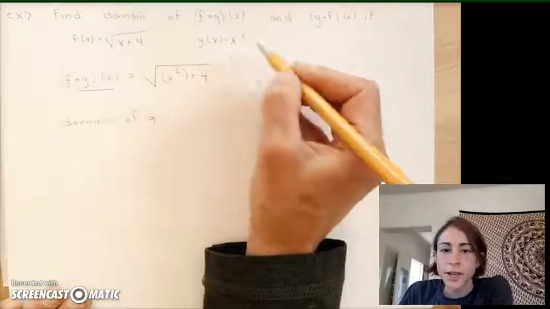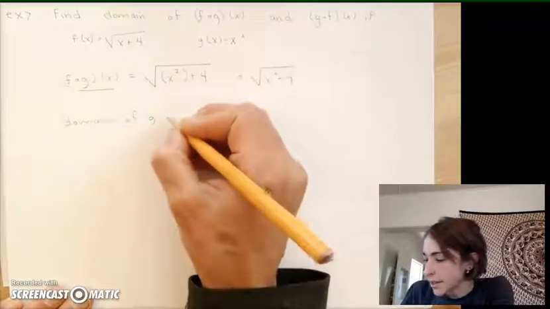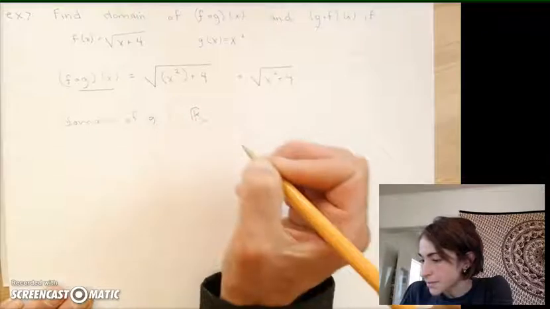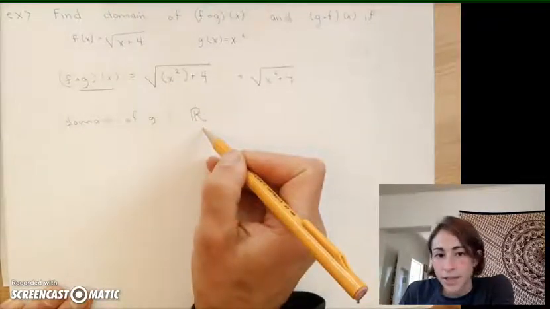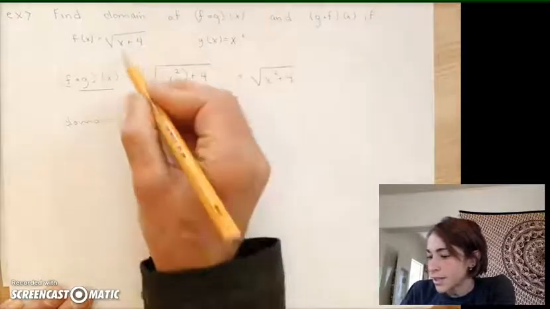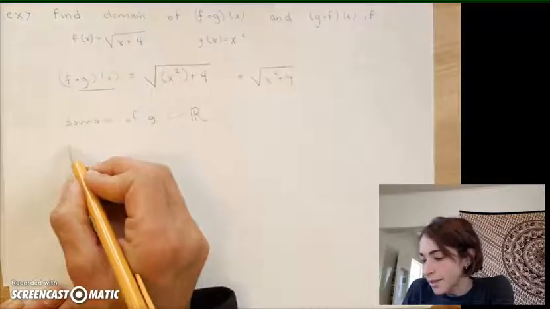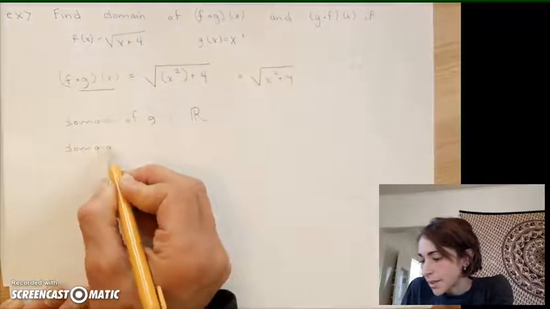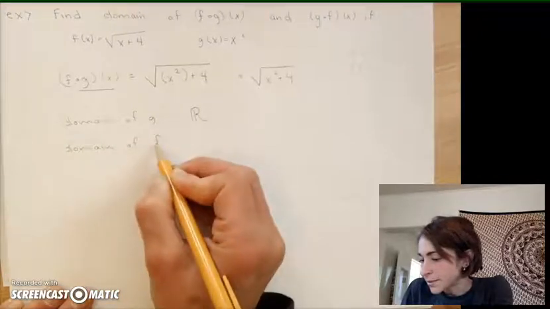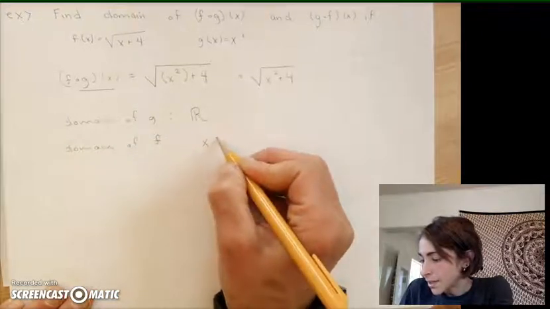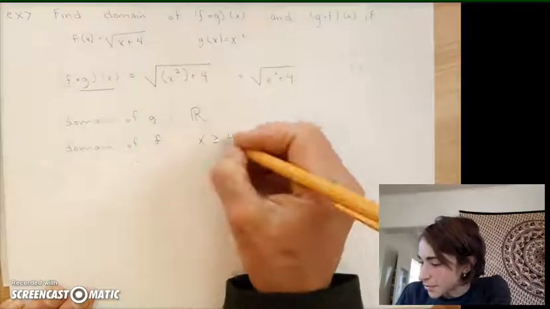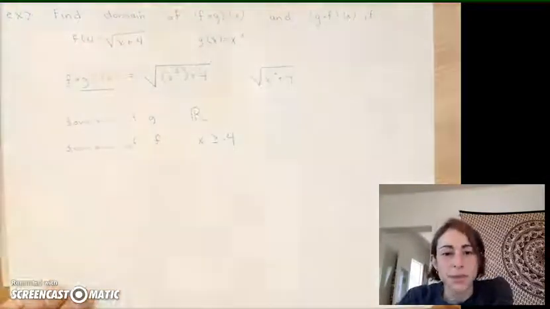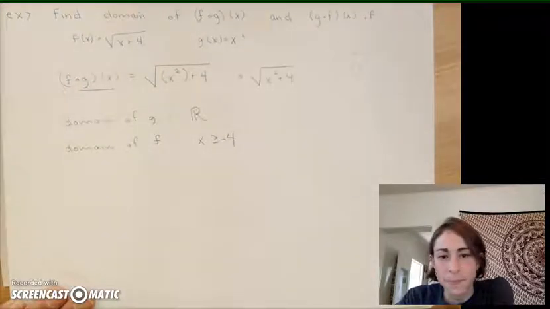Well, g is just the squaring function. I can plug in anything I want, so that's all real numbers. So anything I get for an output of g, I should be able to plug into f. But the domain of f is restricted, so x has to be greater than or equal to negative 4, because I need x plus 4 to be greater than or equal to 0.